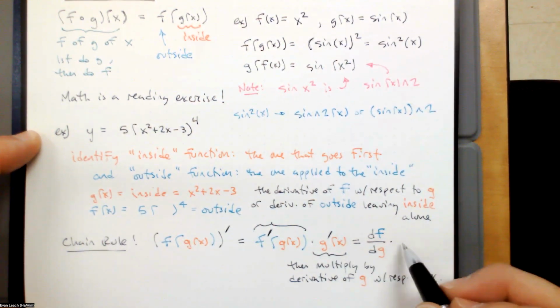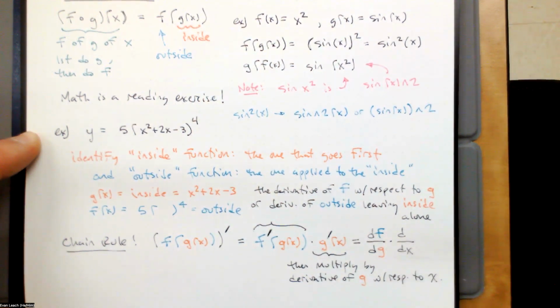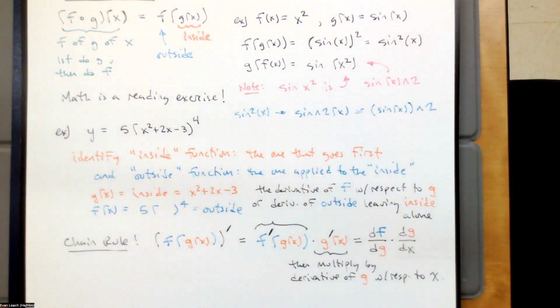Try to clean that up so it's not like d blob dx. So that's what the chain rule would look like in Leibniz notation.